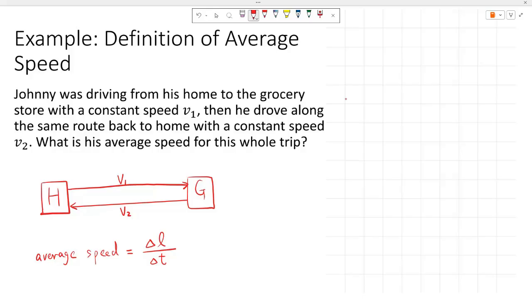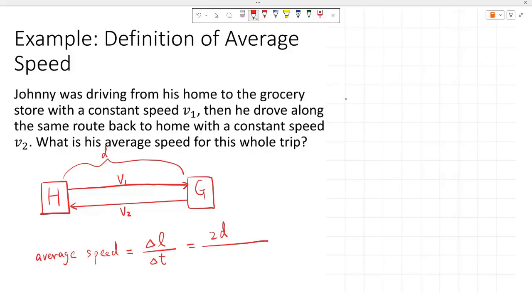So in this case, let's assume that the straight line distance between the home and grocery store is d. Now, the total distance for the whole trip, going from the home to the grocery store and coming back, must be 2 times d.